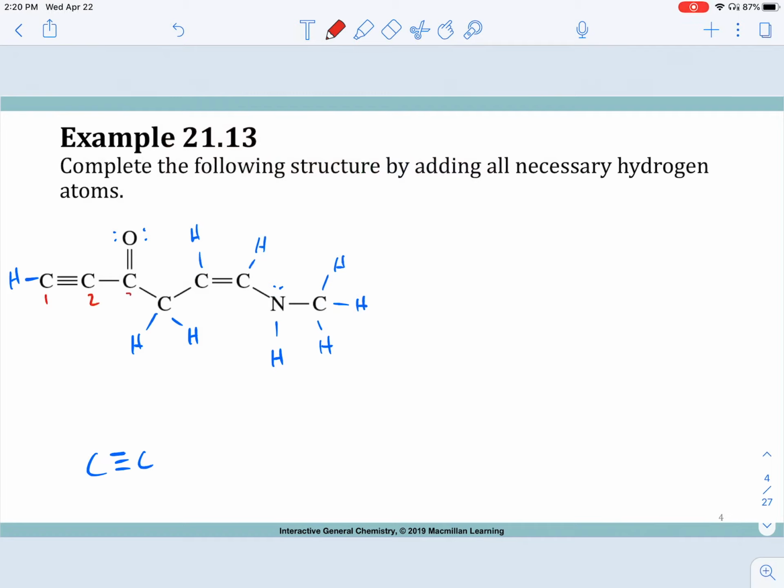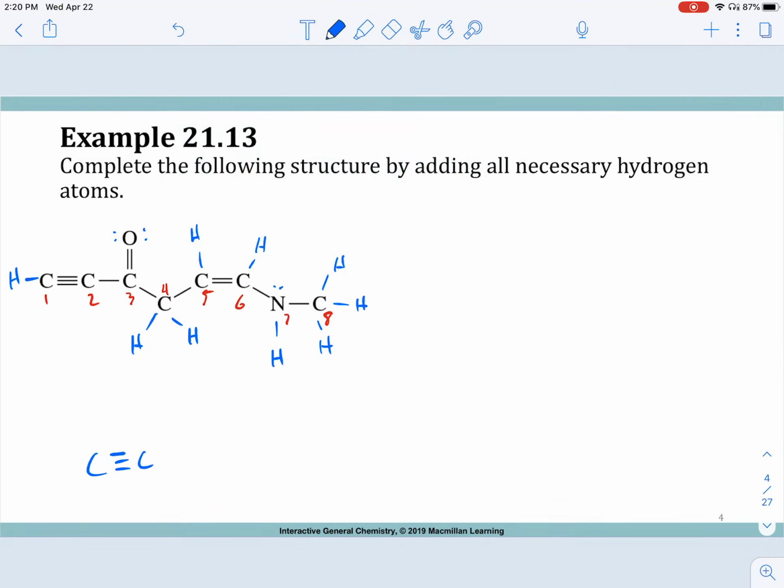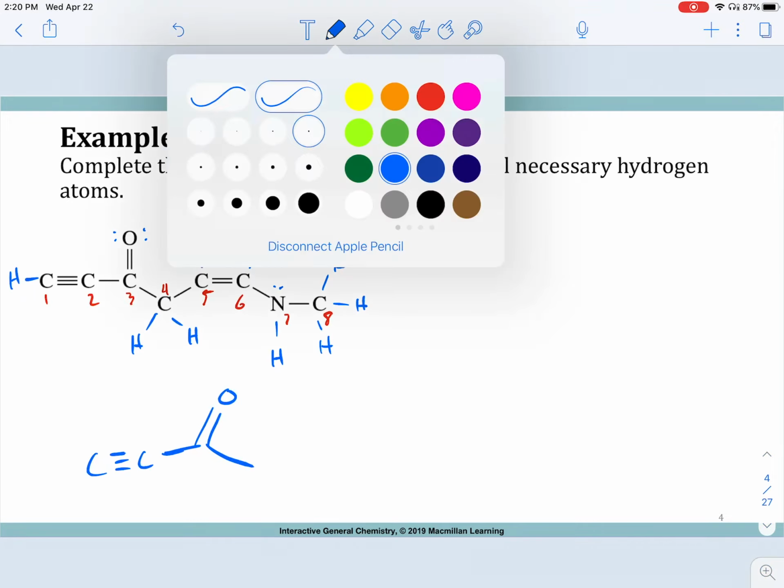One, two, three, four, 5, 6, 7, 8. We haven't done a lot of skeletal structures yet, and I don't think we really do in this chapter, but I want you to get used to seeing these going forward. So here's where I wouldn't draw all these carbons out. So instead, let me start numbering these.